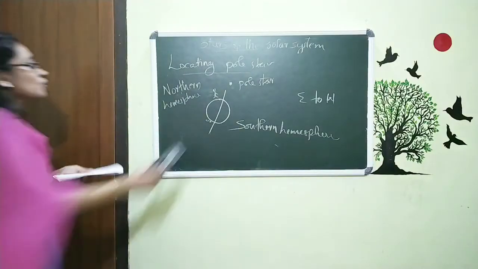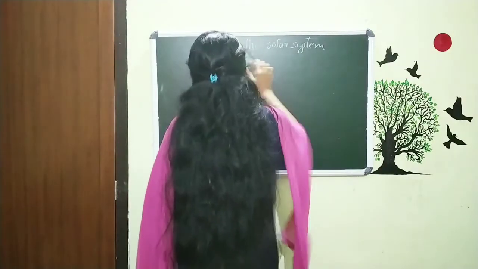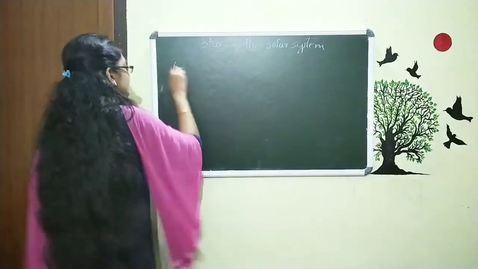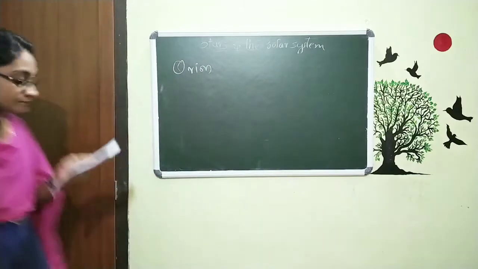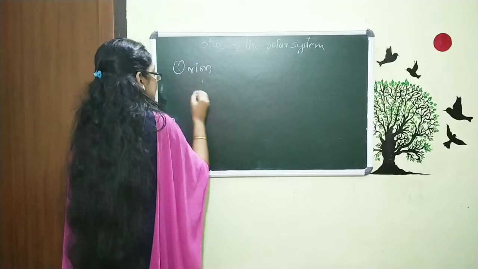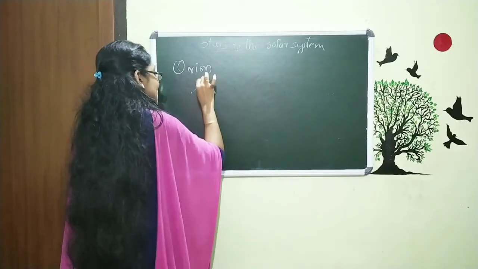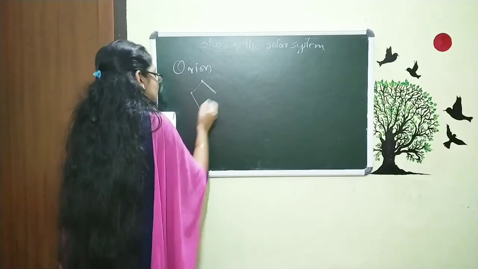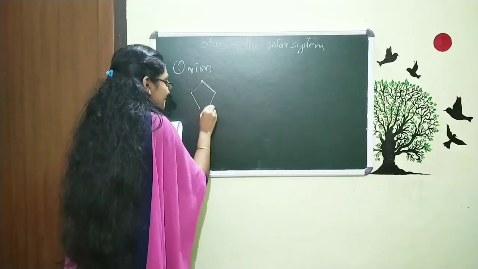The next type of constellation is Orion. The spelling is this: Orion. And the shape is like this. One star here, one star here, and at the center they have 3 stars together.